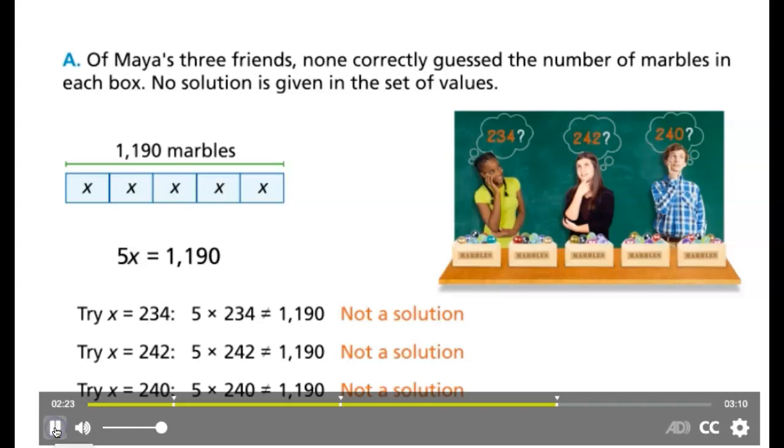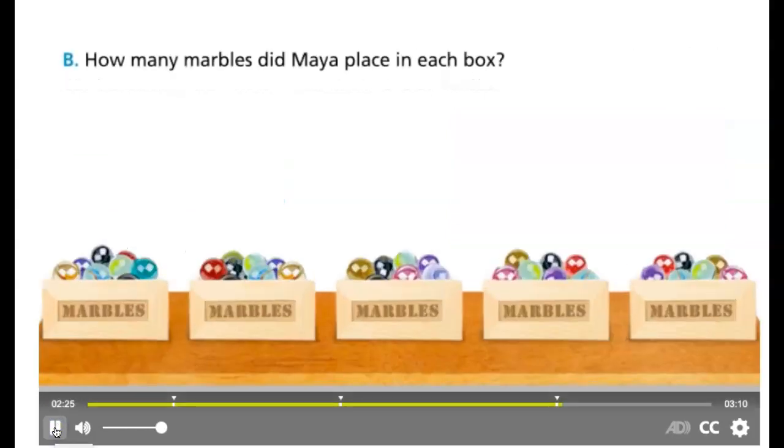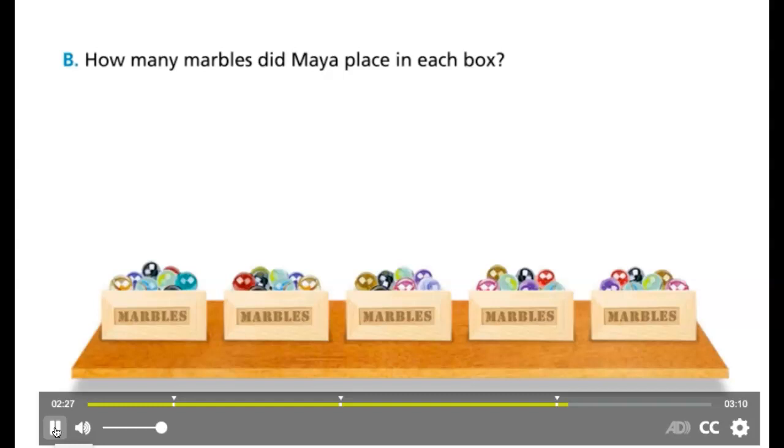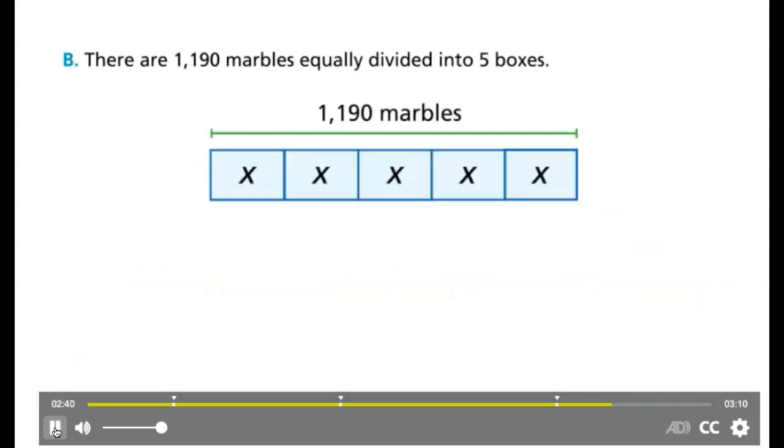Let's proceed to this. Let's see how it works. Part B. How many marbles did Maya place in each box? There are 1,190 marbles equally divided into 5 boxes. It's still true that the bar diagram represents this situation.